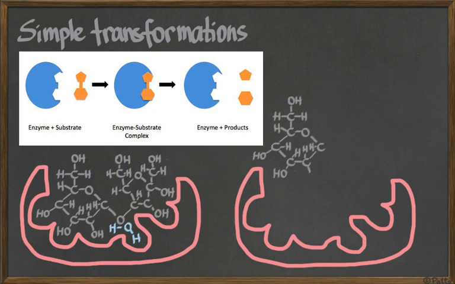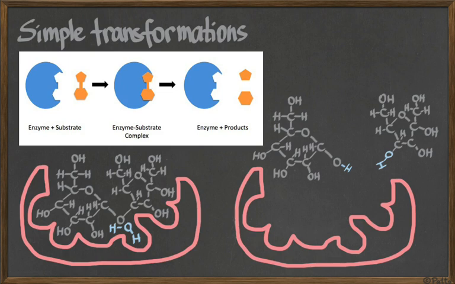We separate glucose to one side, fructose to the other side, and we have a hydrolysis. Those are very simple transformations, and they are part of many reactions, especially the ones in digestion, for example, breaking down organic molecules that we ate. Sucrose becomes glucose and fructose. Maltose becomes glucose, and so on.